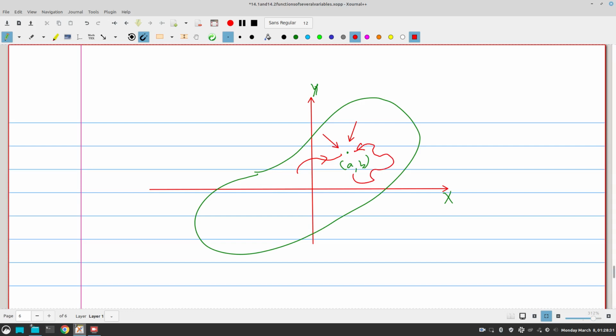So there are infinitely many ways to get to AB. The point is there are infinitely many ways to get to AB.